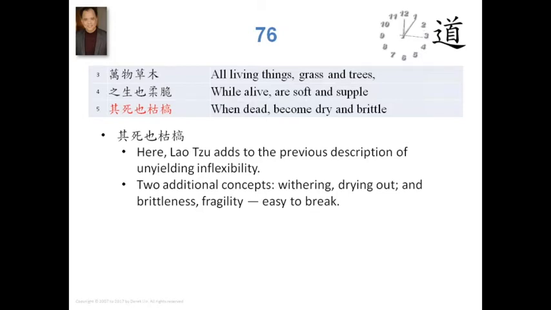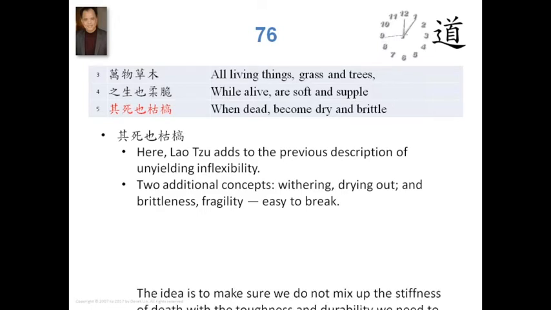So here's one way to utilize this concept. If somebody has a fragile ego, some arrogant person whose ego is, you find that it's very easy to offend this person. It's very easy for this person to feel insulted. Well, that is a mindset that's much more closely aligned with death than life. That's how you would apply that.